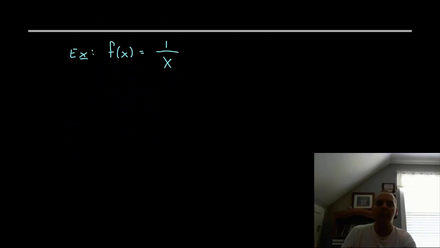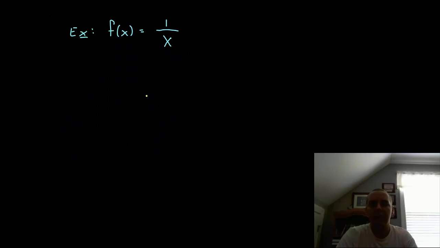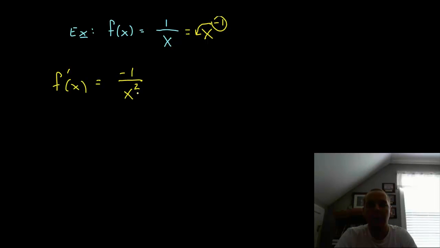All right, now I want to do one last example here real quickly, just to highlight a very subtle little point. Somebody who's looking at this function would say, okay, I'm going to look for my critical values. Instead of doing the quotient rule, I would write this as x to the minus 1, and instead I would do the power rule, and we would get the -1 comes down, x to the -2, which I'll write as -1 over x squared.